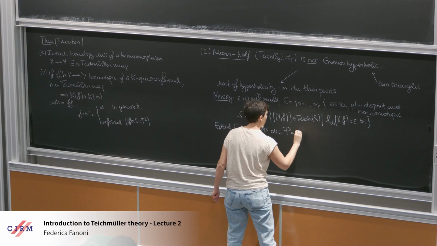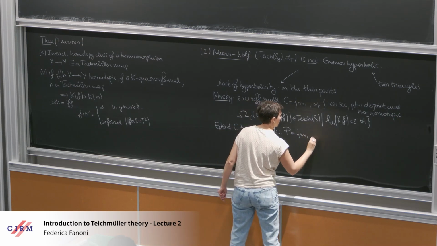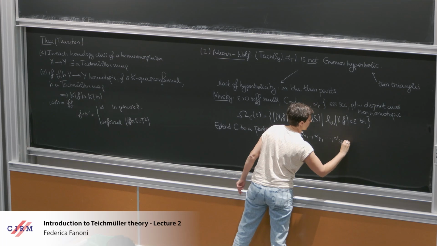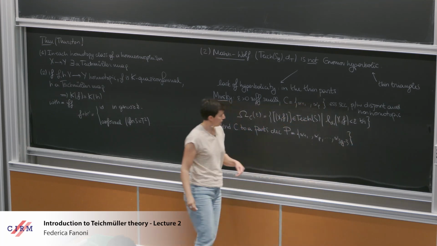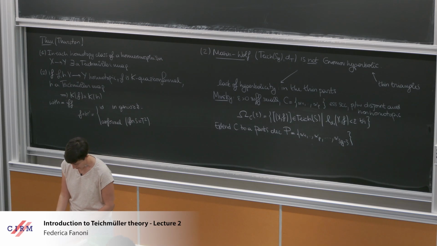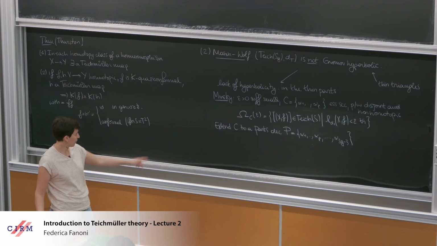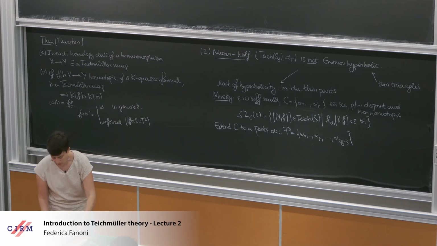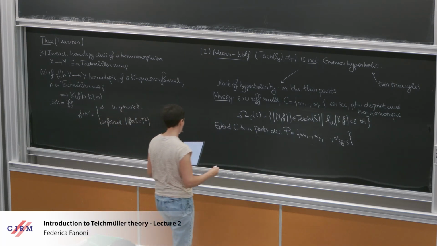So let me call it P. Now it's going to be alpha 1, alpha P, and then I'll go to alpha 3g minus 3. And what Minsky can tell us is essentially what the metric looks like on this subspace.